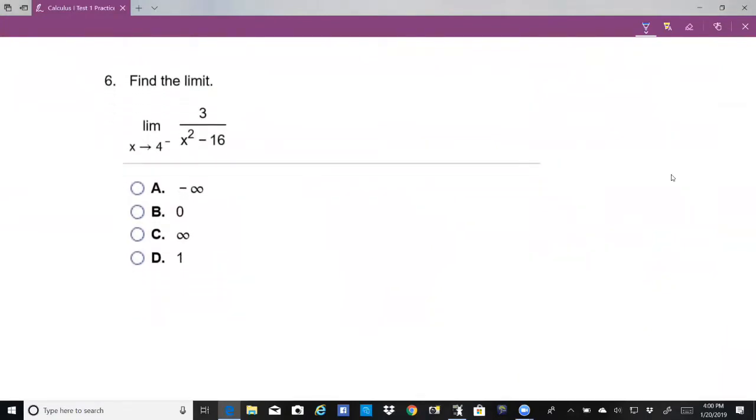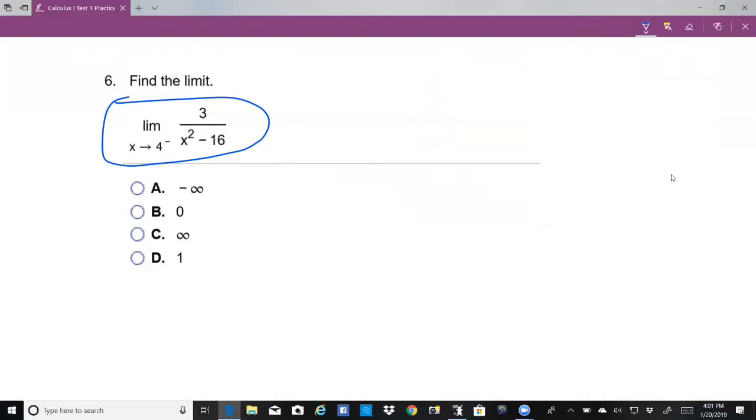Next, we want to find the limit of a rational function as x approaches 4 from the left. In order to do this, we need to draw a graph of the function and then look at it from the left as x approaches 4 from the left.